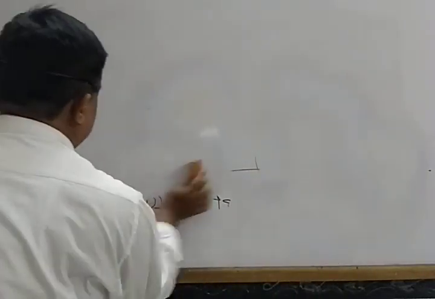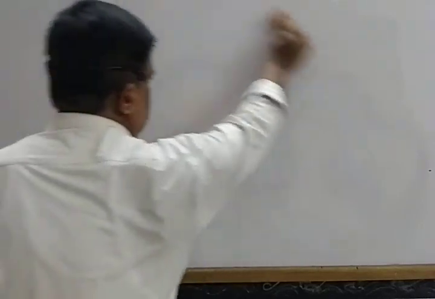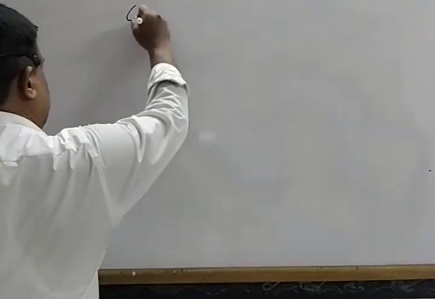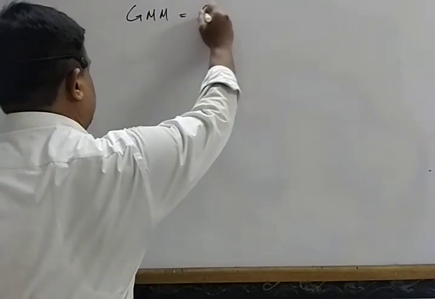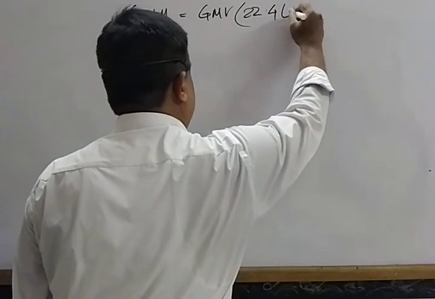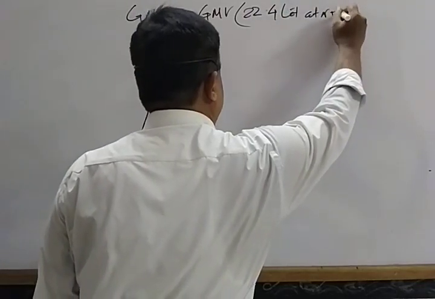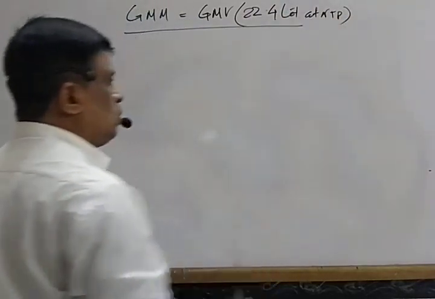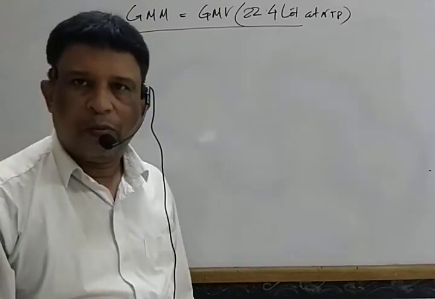So in the second case, we relate GMM, gram molecular mass, with gram molecular volume. Concept GMM with GMV. GMV is 22.4 liter at NTP. So first we select CH4.